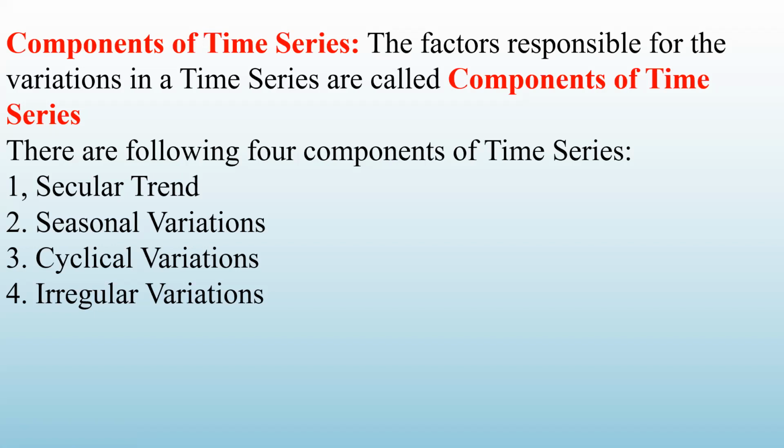These fluctuations are due to the changes in a business cycle. Say there are four phases of a business cycle. The first phase is prosperity, in which the profit is increasing.